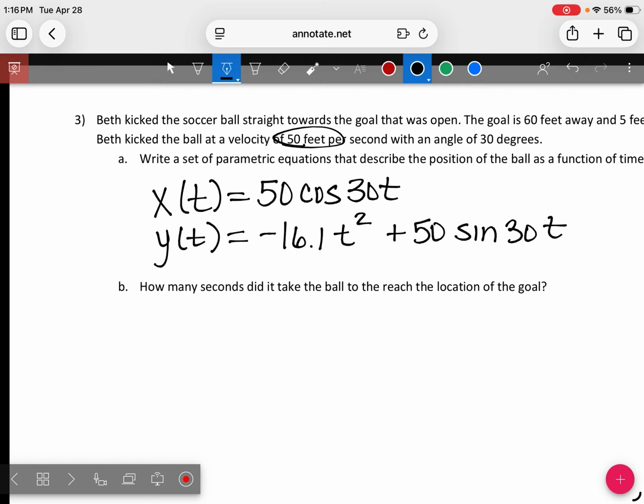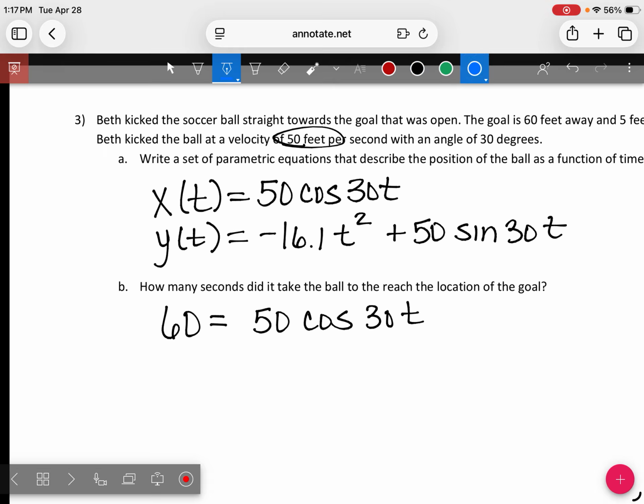Part B says, how many seconds did it take? So I'm looking for time for it to reach the goal. Well, do we know how far away she was? How far away was she? 60. So which one am I going to set that equal to? The x or the y? Which one do I use for how far? X. So you're going to take the first equation, 60 equals 50 cosine 30 t.